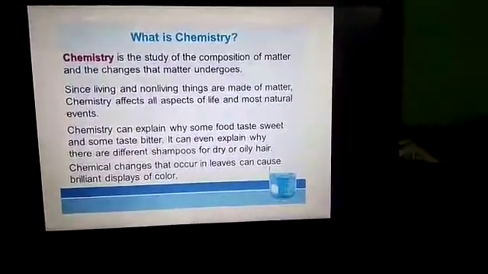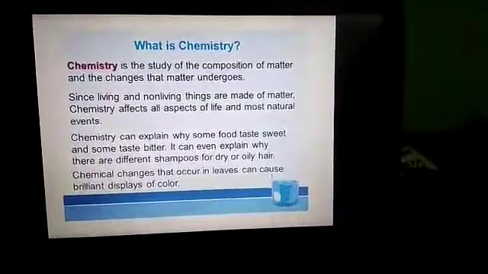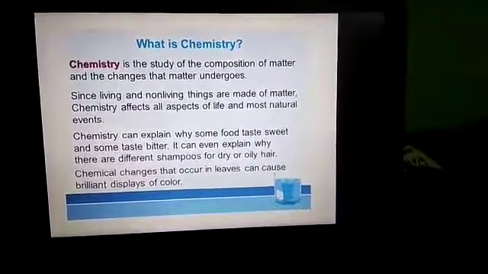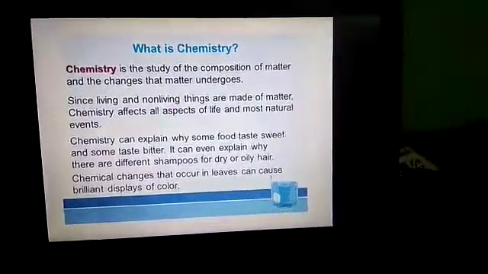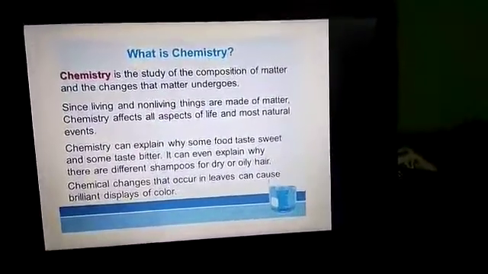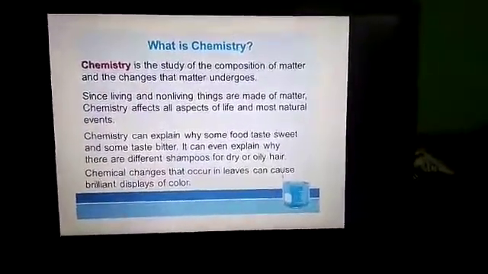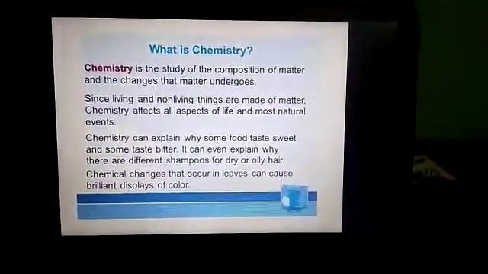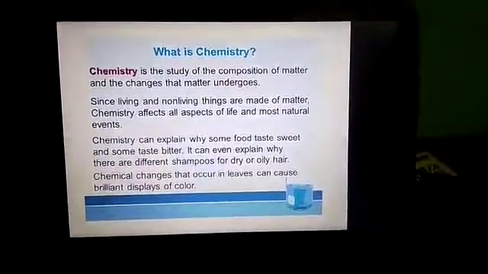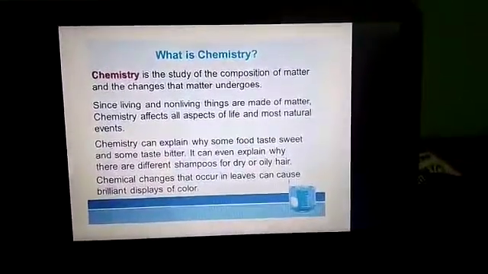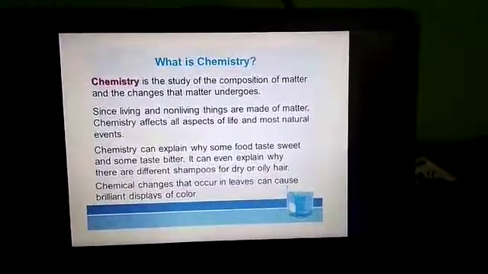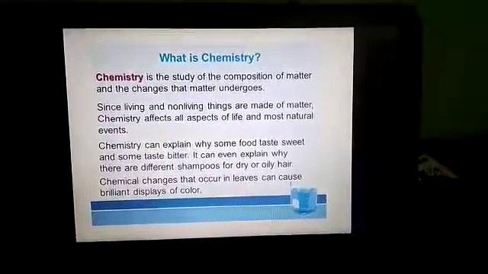And you know children, the reactions that happen in the human body or living organisms, chemistry explains why they happen. So if you fall sick, you'll go to the doctor. If there are any changes in the body, what will the doctor tell you? To go for a test. So once you go to the laboratory, the test will be done and a report will be given.